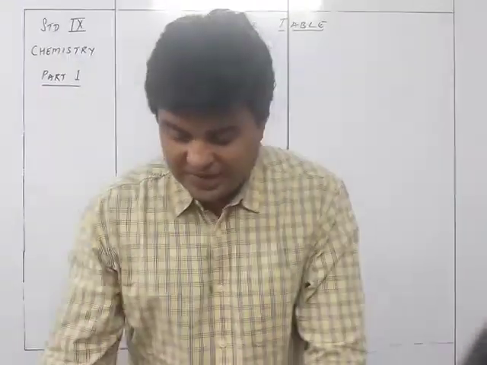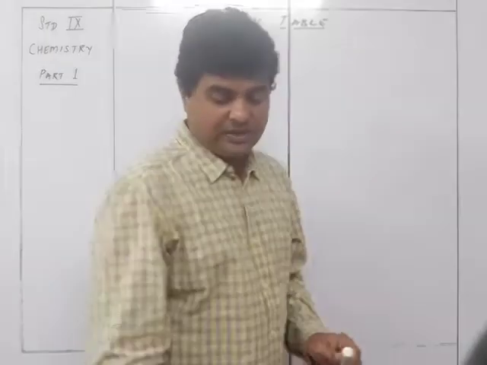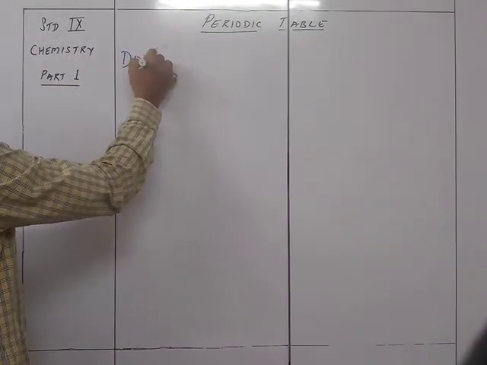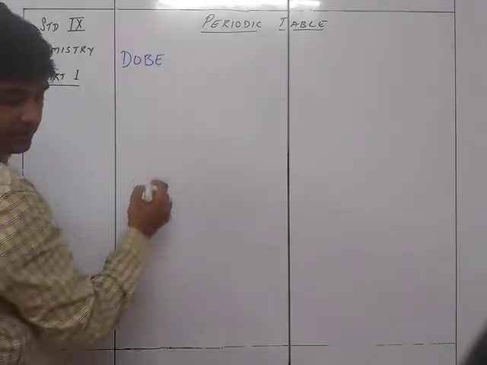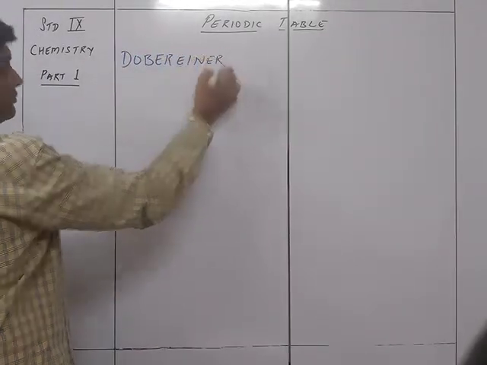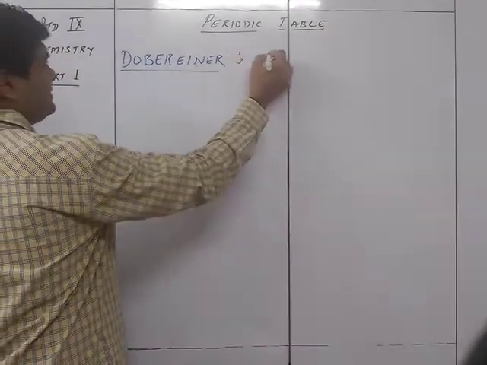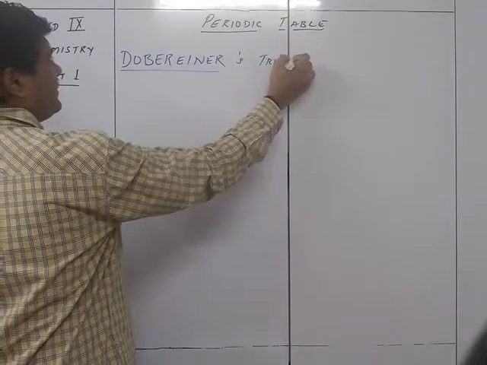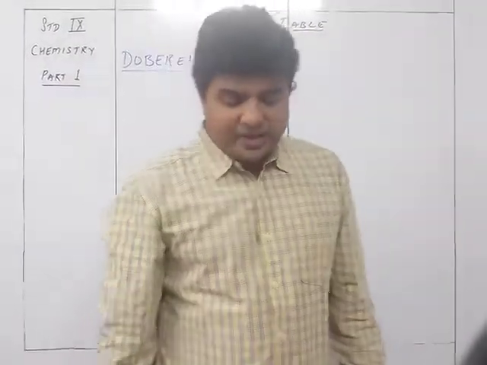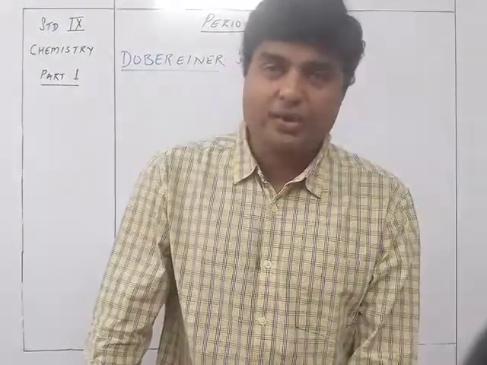The first kind of classification which came up was the Dobereiner's Triads. He arranged elements in increasing order of atomic weight in groups of three called triads.